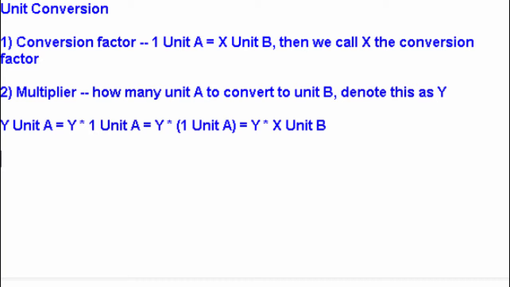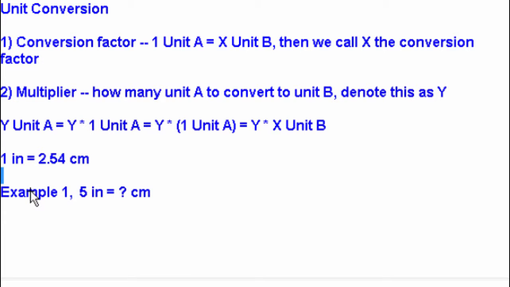Assume we know that 1 inch is equal to 2.54 centimeters. In our first example, I want us to think about 5 inches is equal to how many centimeters? To think about this problem, let's tie it back to what we just talked about in terms of conversion factor and multiplier. 1 inch is equal to 2.54 centimeters.